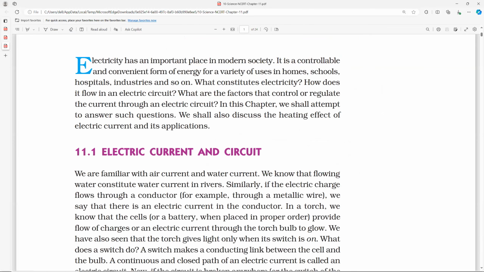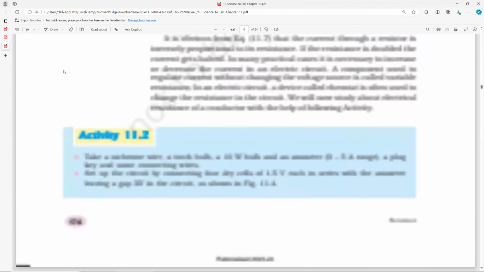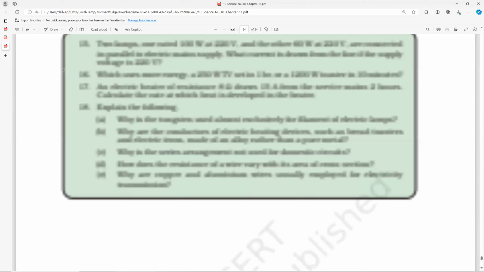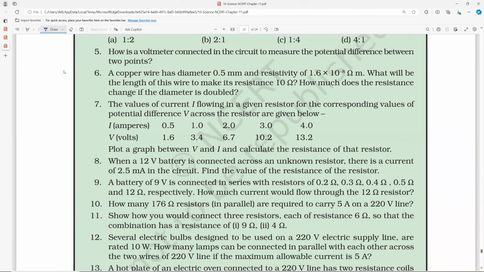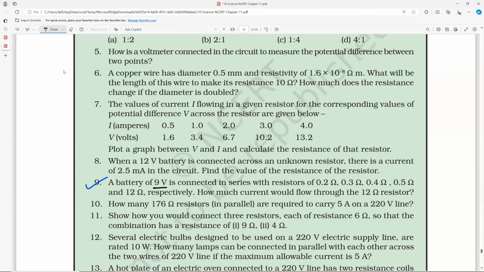Let me show you here in the NCERT, in question number 9. What does it say? The 9-volt battery is connected in series with this one, this one, this one, and this one, and 12 ohm.